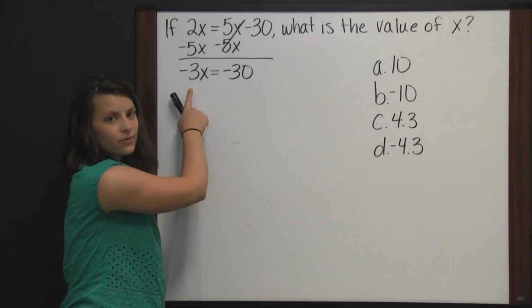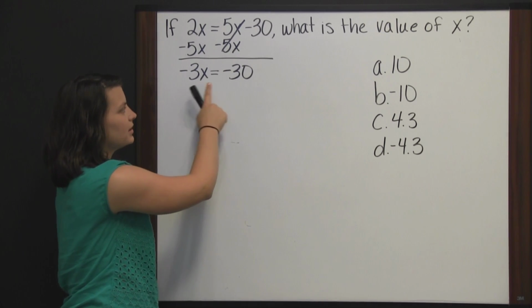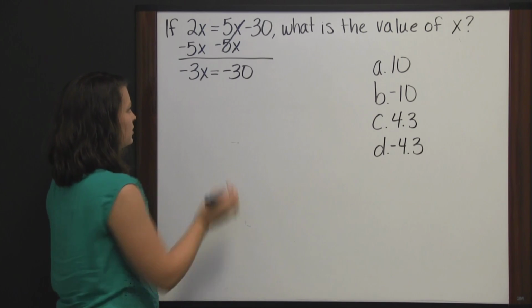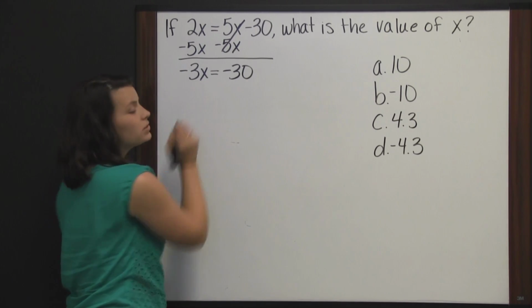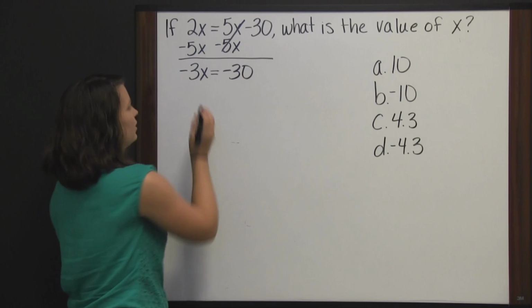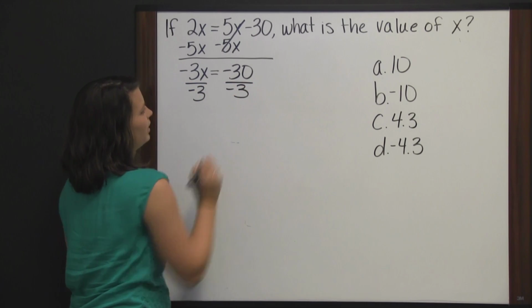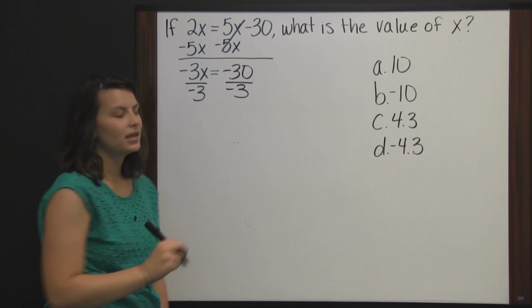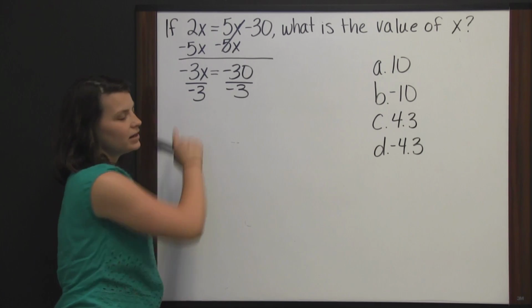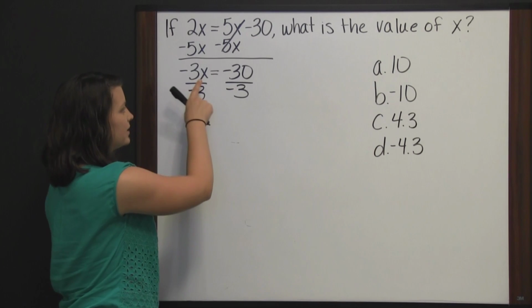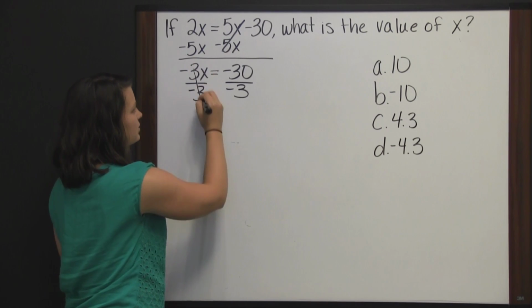Now we have negative 3 times x is equal to negative 30. So to solve for x, we need to do the opposite of multiplying by negative 3, which is dividing both sides by negative 3. Negative 3 divided by negative 3 is 1, and 1 times x is just x.